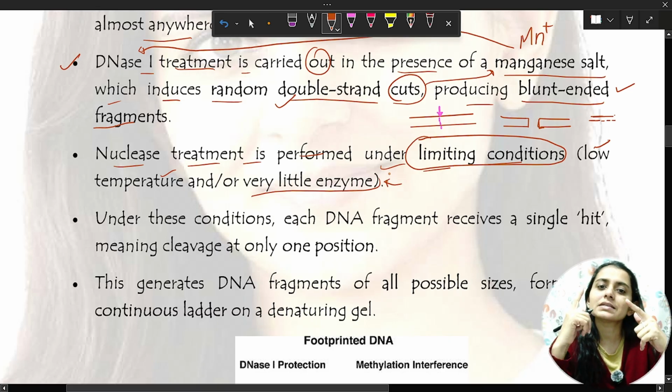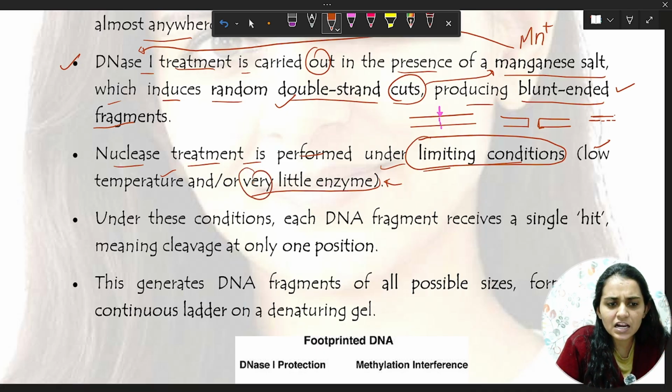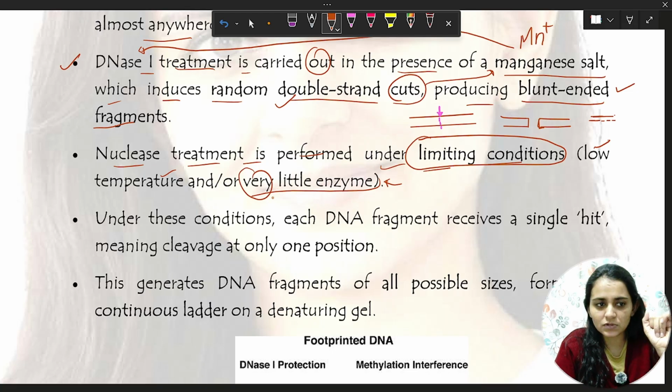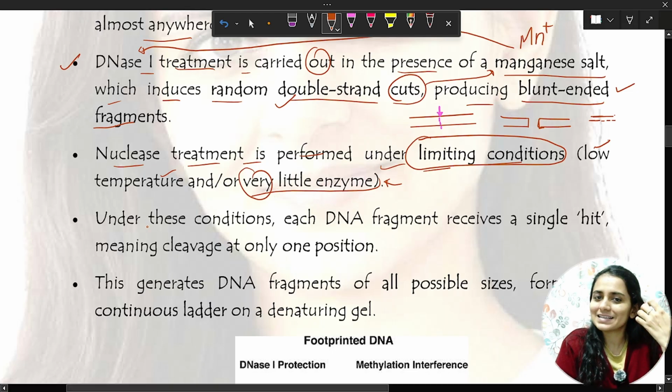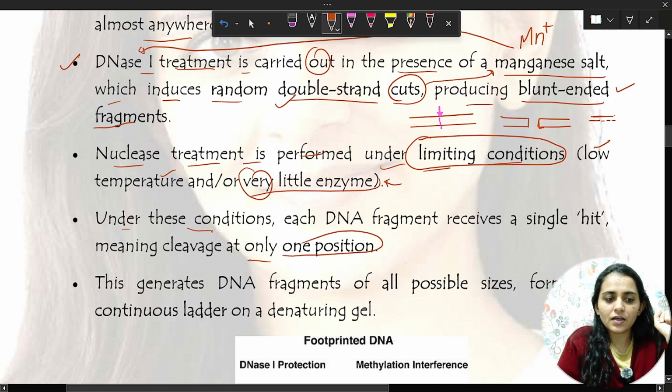We want only a single cut in a fragment. Each fragment will be cut a single time. That's why we use a very little amount of this enzyme. Because it can cut anywhere, its cutting efficiency is high, so we take a small amount to cut only one position in one fragment. Under this condition, each fragment receives a single hit.